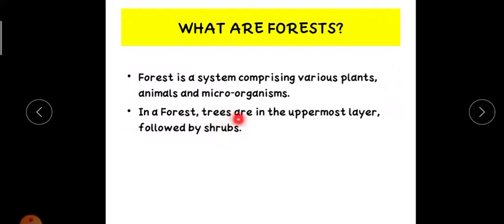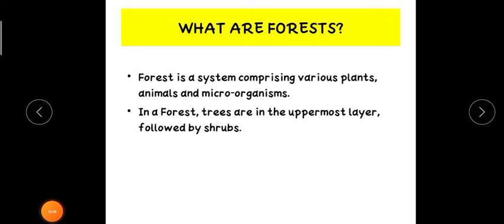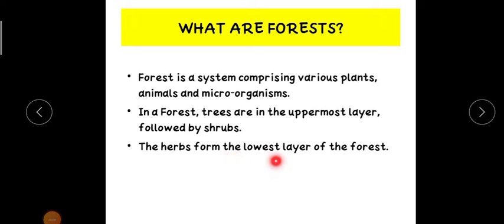In a forest, trees are in the uppermost layer, followed by the shrubs. Below the layer of trees you will find the layer of shrubs. The herbs form the lowest layer of the forest. So in the uppermost layer you will see the tall trees, then shrubs, and in the lowest part the herbs.